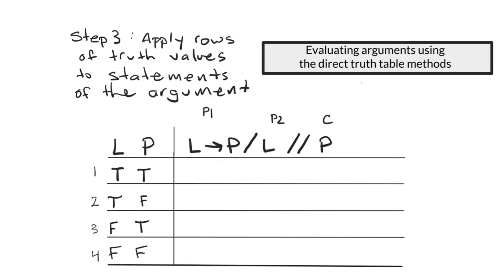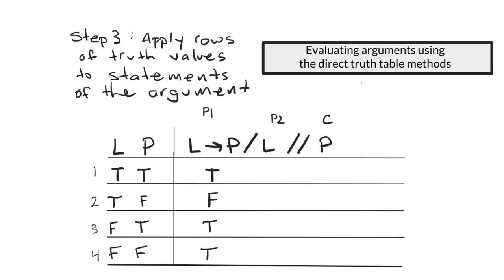So for row 1, where L is true and P is true, that conditional is true. Row 2, where L is true and P is false, that's the only time this conditional would be false. I put that under the main operator for premise 1. And then we know row 3 and row 4 are both true according to our understanding of the logic of the conditional. So premise 1 is done.